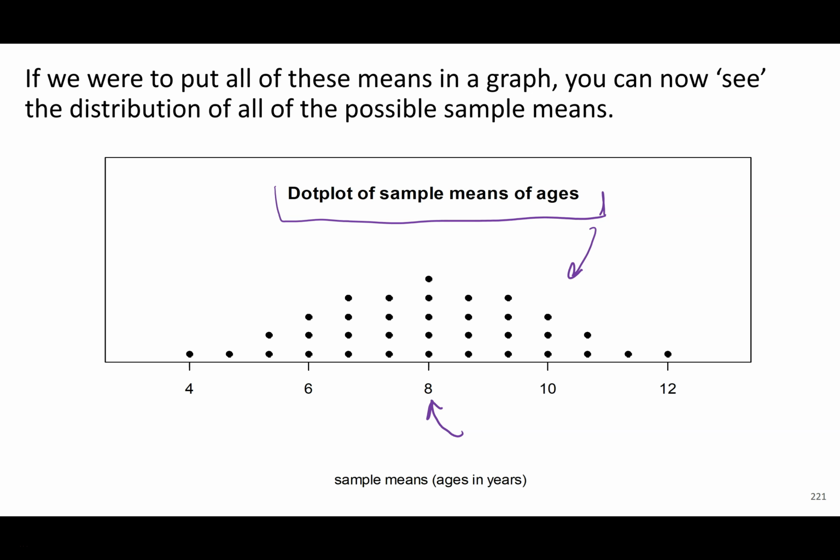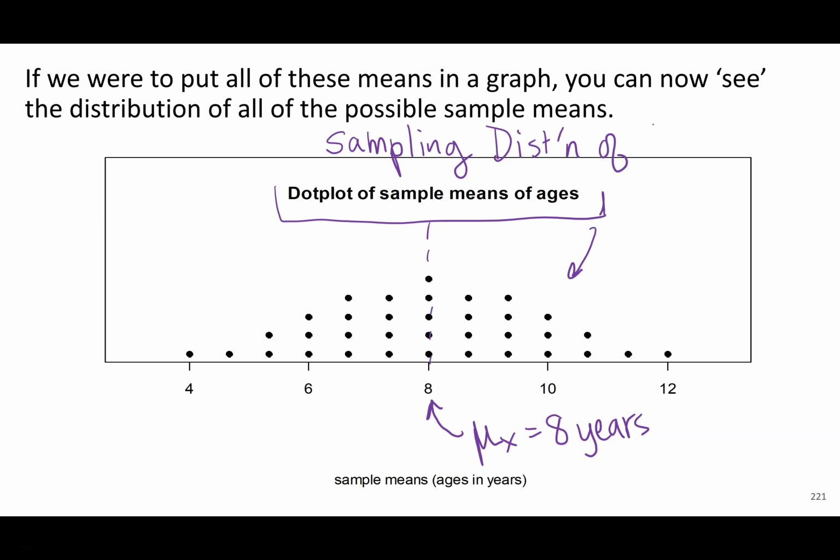And things to note is where it's centered. Here, mu is equal to 8 years. That is where this sampling distribution of X bar is going to be centered, at mu, which is 8 years.